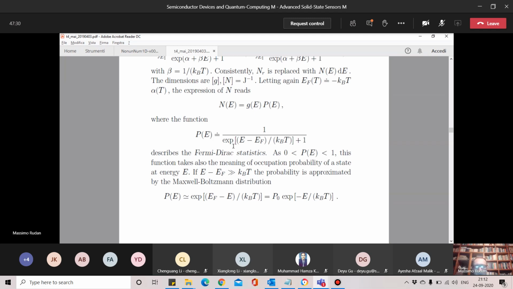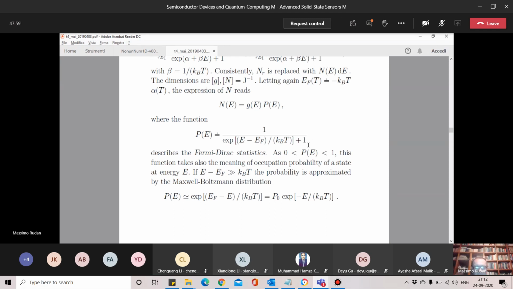We may also have the opposite situation. You may consider values of energy that are smaller than the Fermi level. So the exponent becomes negative. And if this exponent becomes very negative, the exponential becomes very small.